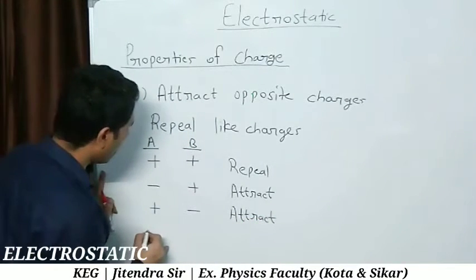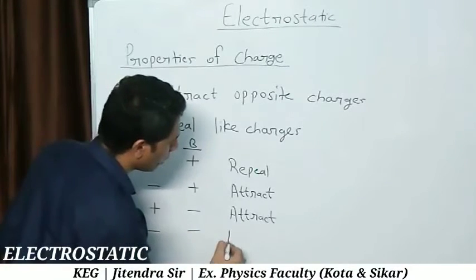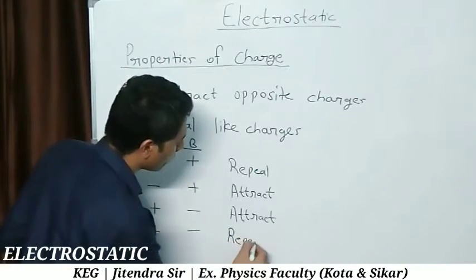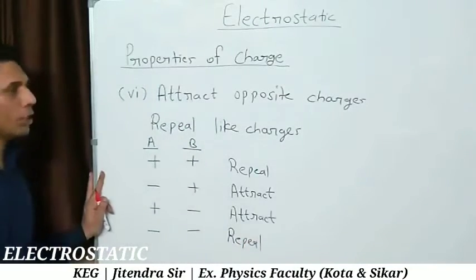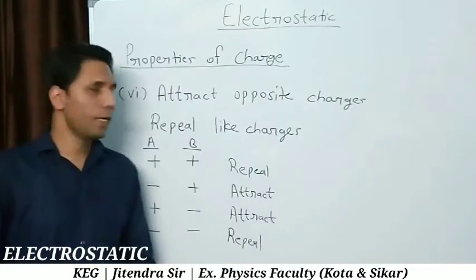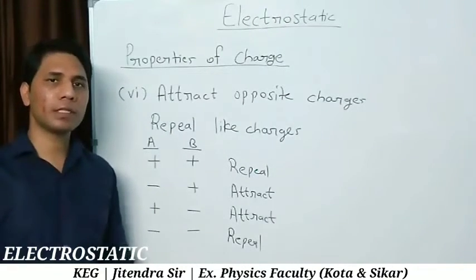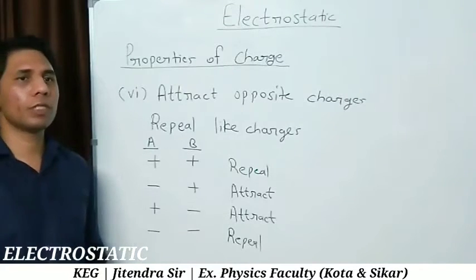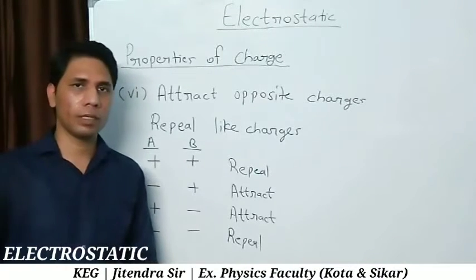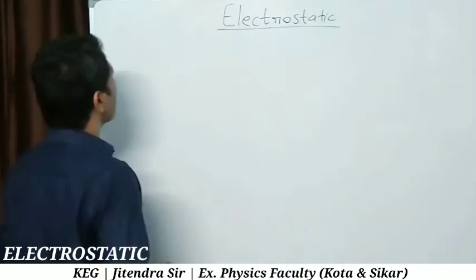And when body A having negative charge and body B having negative charge, then they repel each other. So these are the four conditions of opposite charge and like charge. Like charges repel each other, and unlike or opposite charges attract each other. This is another property of charge.